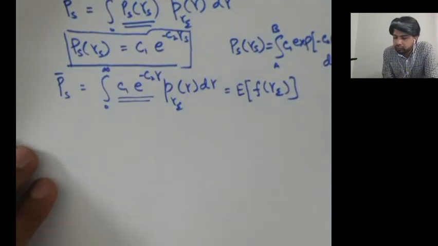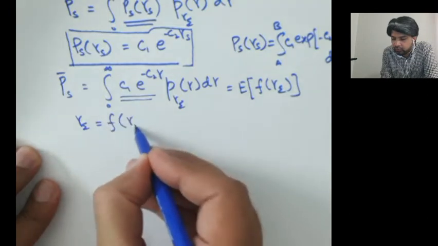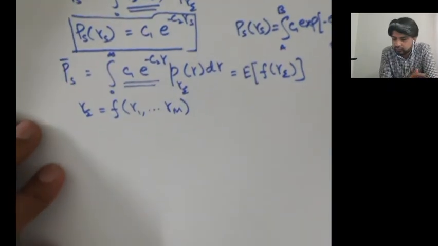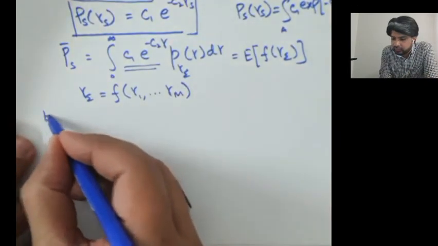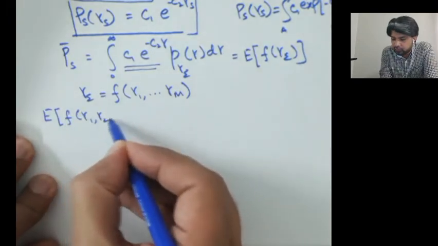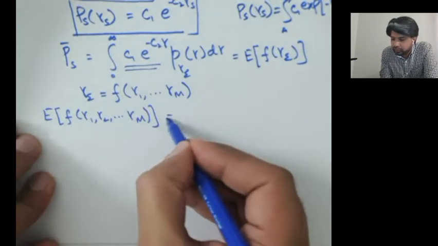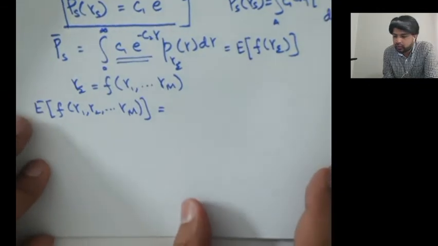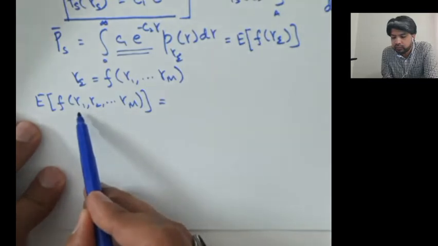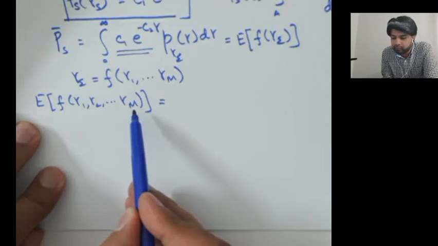Now remember, this gamma_sigma is already a function of gamma_1 all the way to gamma_M. If you want to compute the expected value of the function of gamma_1, gamma_2 all the way to gamma_M, this would require not the distribution of gamma_sigma, but rather the joint distribution of gamma_1 all the way to gamma_M.